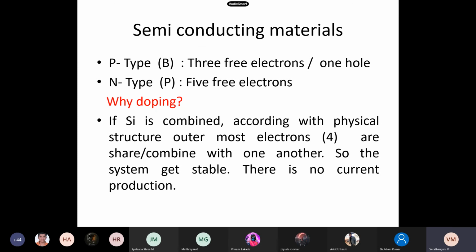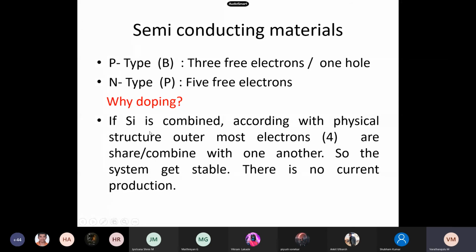And semiconductor material: in yesterday's session itself I initiated about the p-type and n-type semiconductors. In p-type the positive is considered, and negative is considered as n-type. In p-type, 3 free electrons and 1 hole is provided. In n-type there are 5 free electrons available. Why doping?